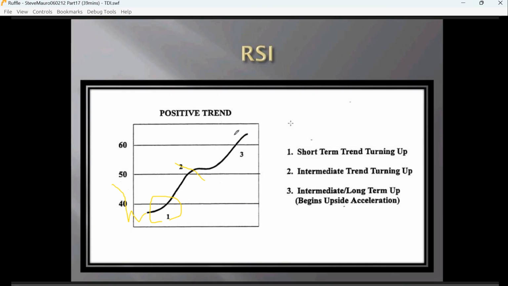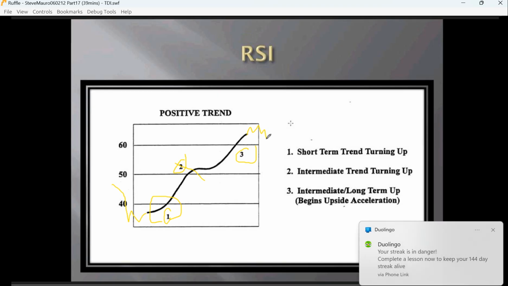By the time we're at level 3, and I thought it was ironic that the guy that made these slides has three points in there, by the time level 3 gets to the extreme, the intermediate longer term trend, daily, starts to turn over, and by the time it gets there, the dealer is ready to make his reversal.